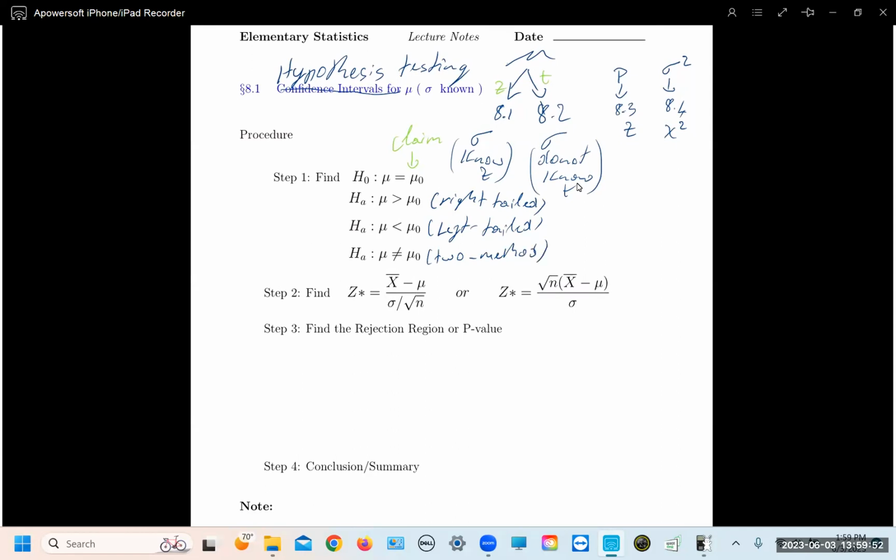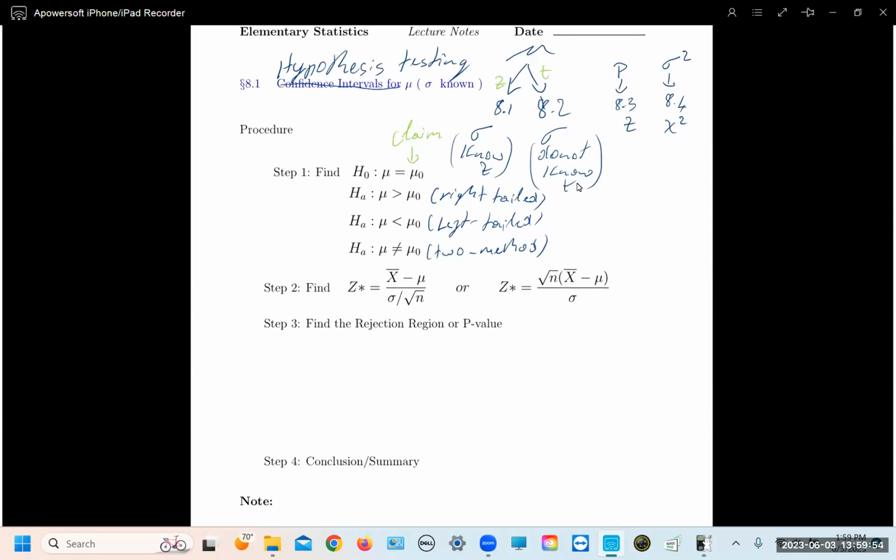For two tail, as we remember, that's alpha over two. This one is one tail test, which is alpha.